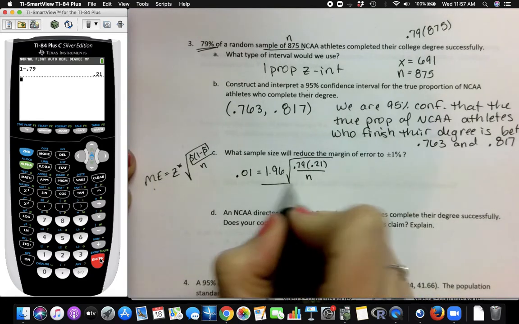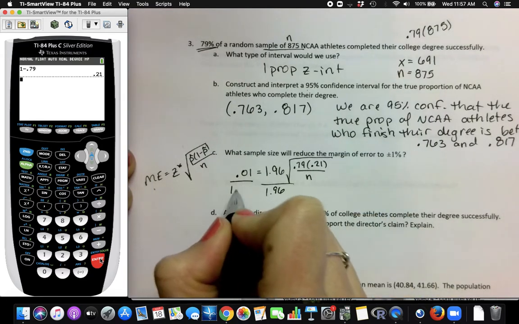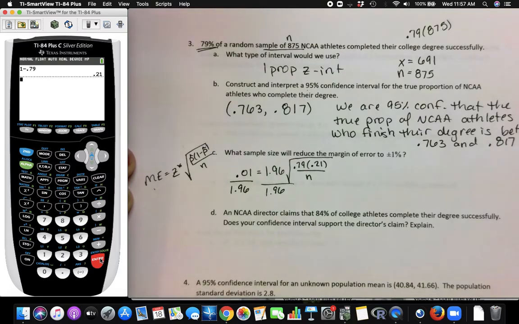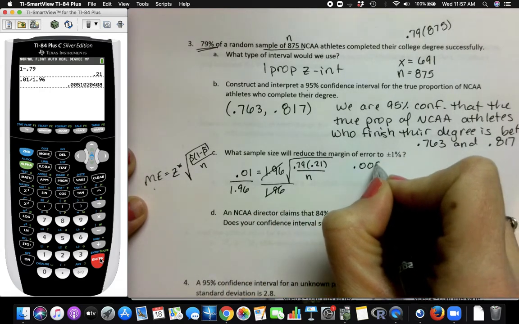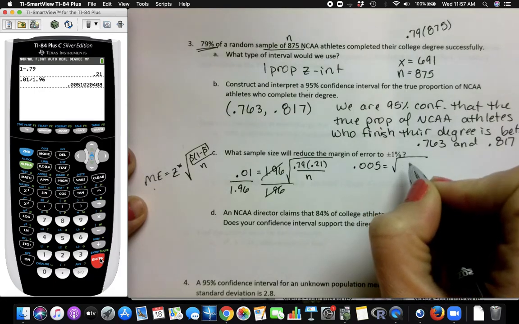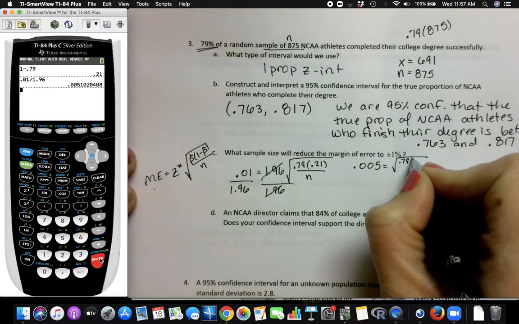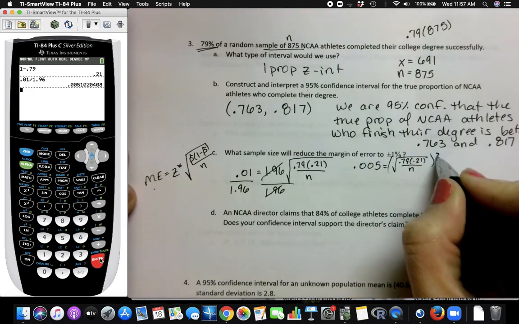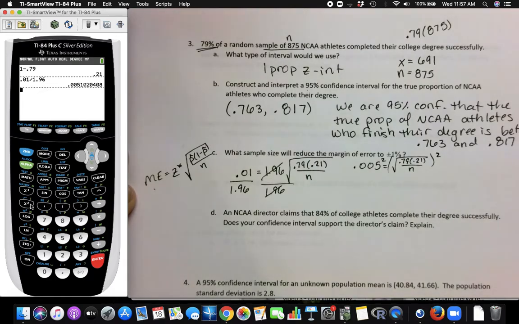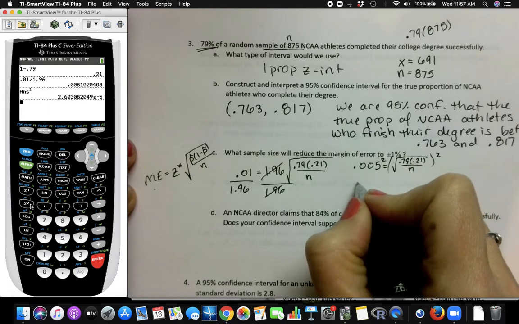So first step is going to be to divide both sides by 1.96. So I've got 0.005. 0.005 equals the square root of 0.79 times 0.21 divided by n. So I have to get rid of that square root, which means I have to square both sides. So I'm just going to square that answer. And this is where we get our nasty scientific notation.